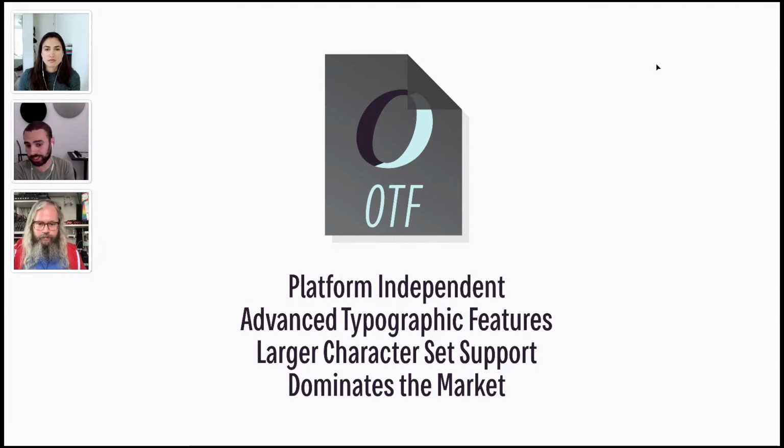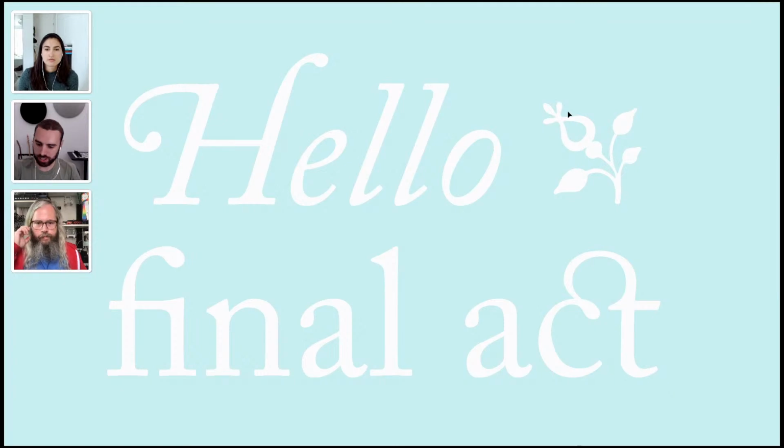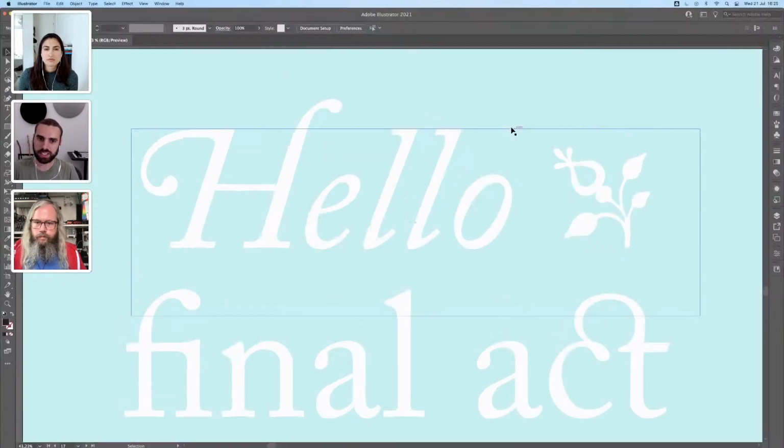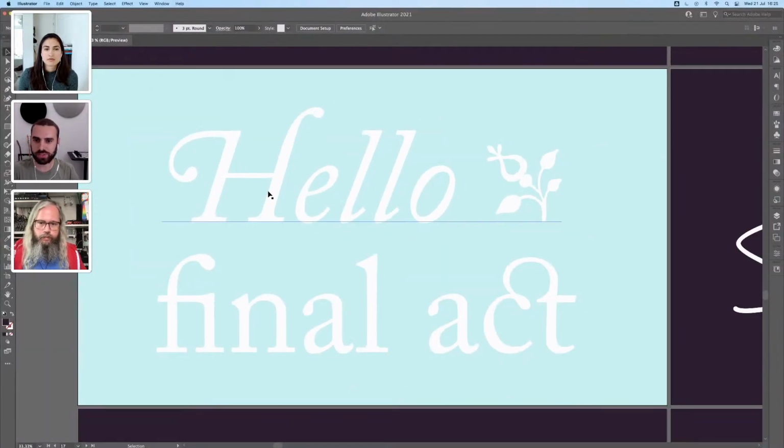And it dominates the market: 90% of the fonts available are OTF. Now I would like to show some examples of an OTF font for someone who might not know.